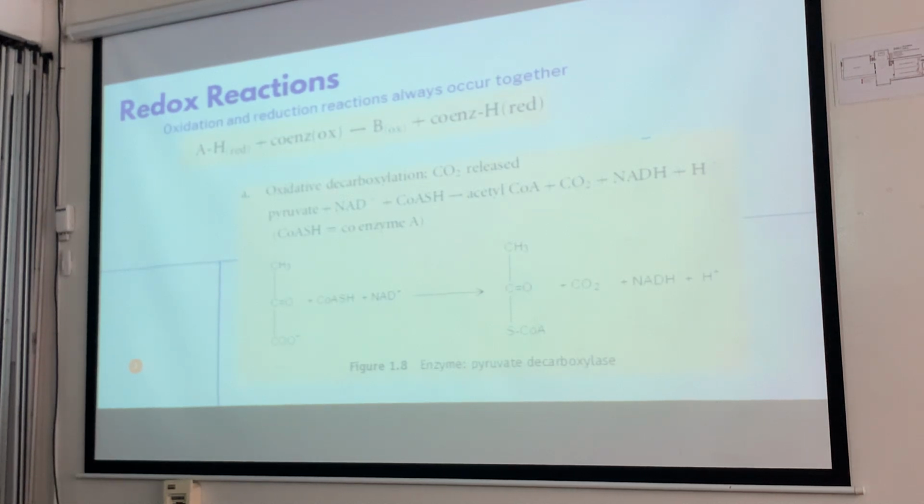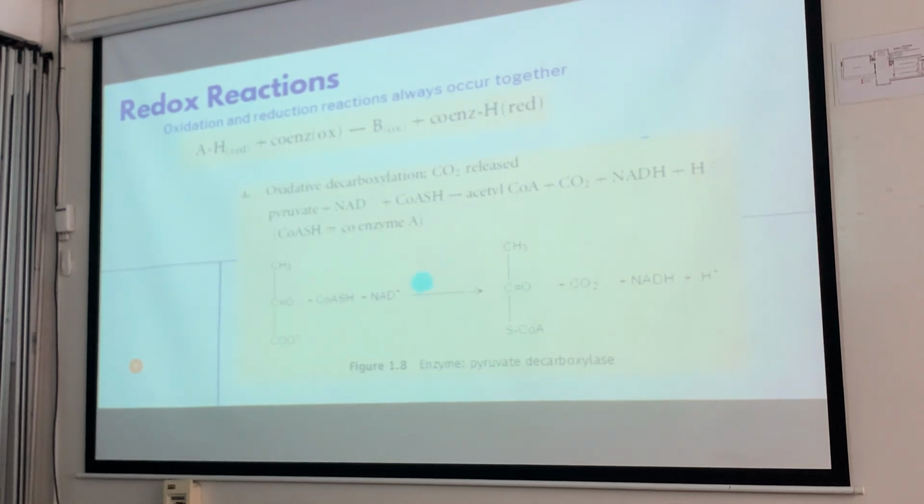Oxidative decarboxylation. Another chemical change when we talk about oxidation is decarboxylation. When you say decarboxylation, meaning CO2 is released or removed. Okay. So another also is deamination. You take out the amine group. Okay. So, pyruvate decarboxylase, as you can see in this example, is a very regulated component.